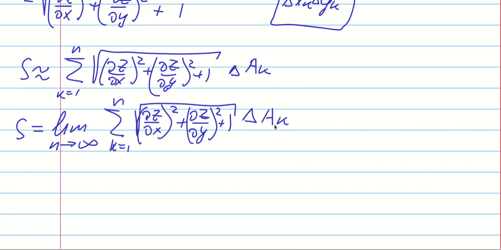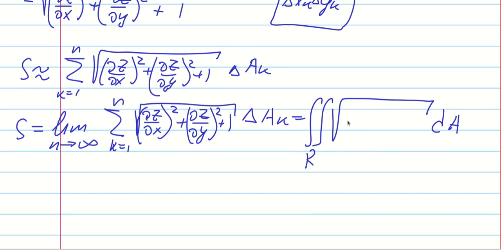And we know this limit is by definition the double integral over the rectangular region of this function, with dA at the end, and here we have dz dx squared plus dz dy squared plus 1.